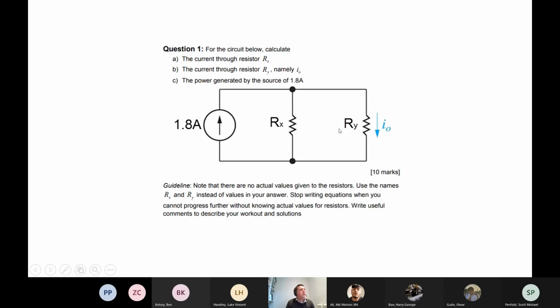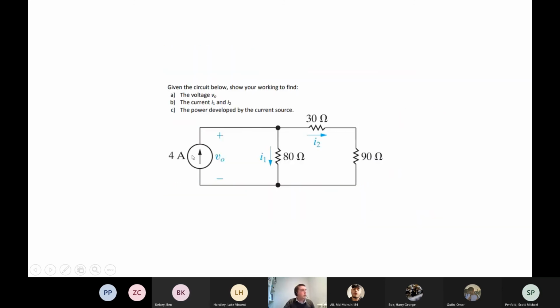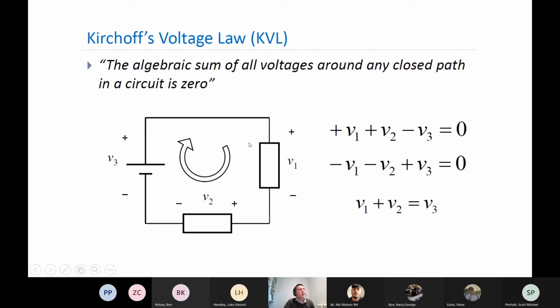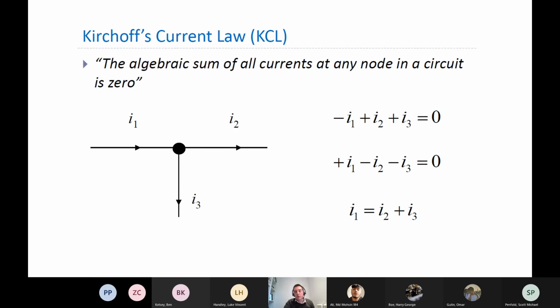And then you can start to do, I'm just going to jump here, for example. This is a bit like some of the circuits we've already had a quick look at. But instead of redrawing the circuit, another way to do it is to start writing down equations based on Kirchhoff's voltage law and Kirchhoff's current law.